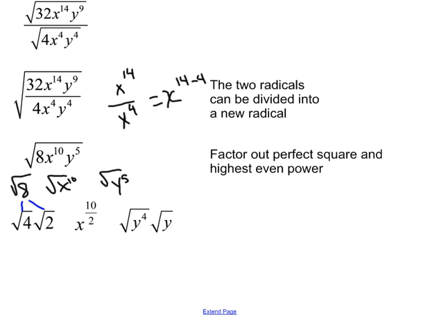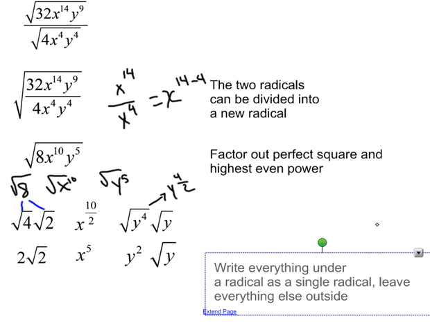So now we just simplify. So radical 4 is 2, so we get 2 radical 2 here. We get x to the 5th here. Radical y to the 4th is, remember this is just y to the 4 over 2, which is y squared, and then that's radical y. So finally, write everything under a radical as a single radical.